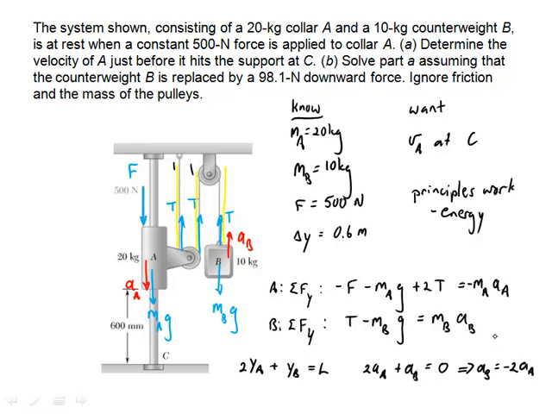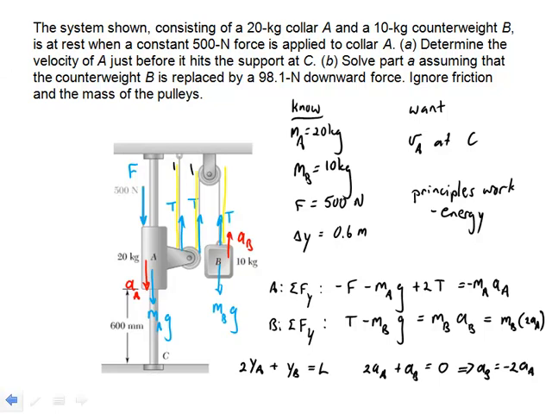And so I'll make a substitution into the second equation, the mass of B times twice the acceleration of A. That also indicates, since the accelerations have a 2-to-1 ratio, so do the velocities or the distances that they travel.